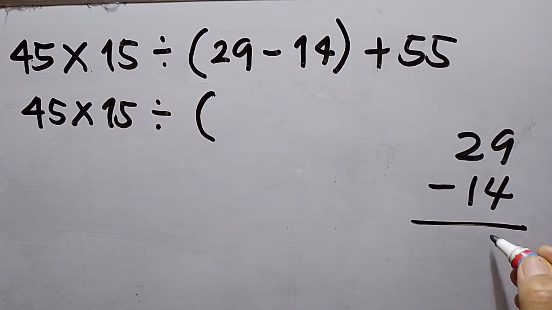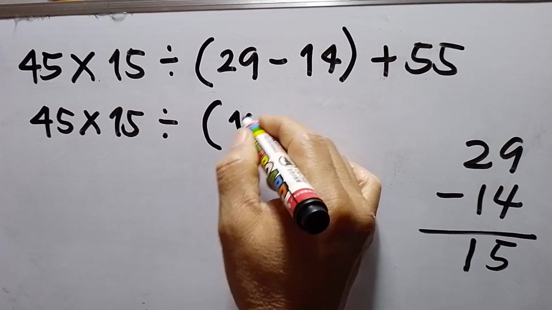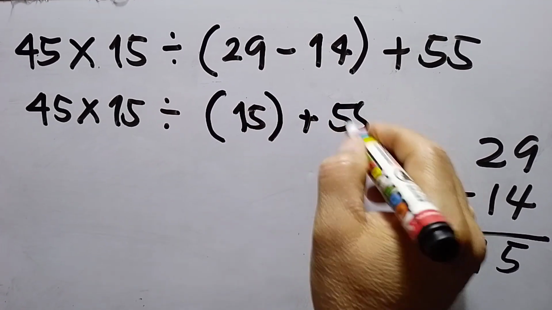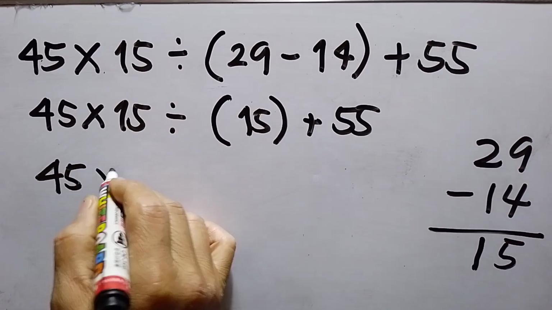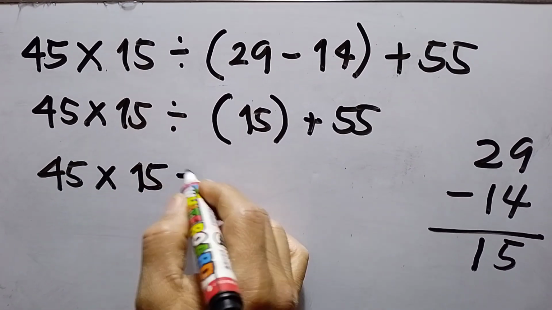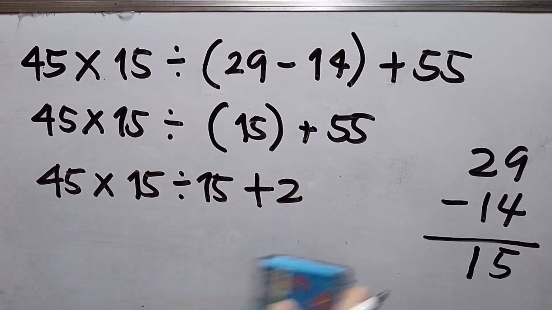So 9 minus 4 is 5, 2 minus 1 is 1. So this will be 15 plus 55. So 45 times 15 divided by 15 plus 55. Sorry, 55.